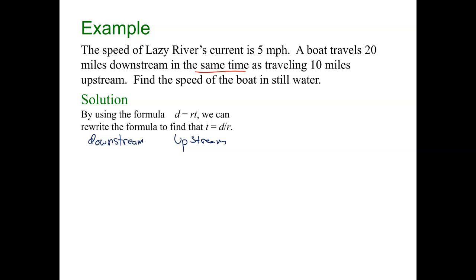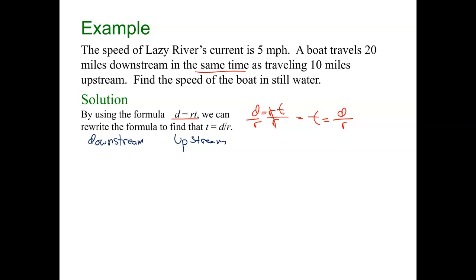This is our last example. So we need to remember that time is the same, so we're going to take our distance formula and rewrite it in terms of time. If I have distance equals rate times time, and I want to get time by itself, I divide by r, and that gives me time equals distance over rate.